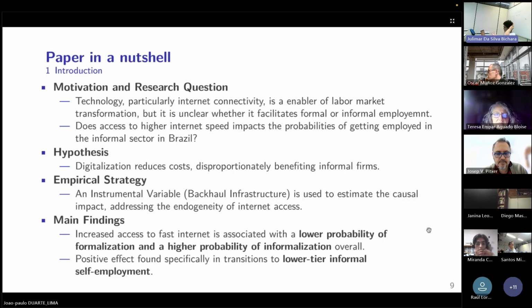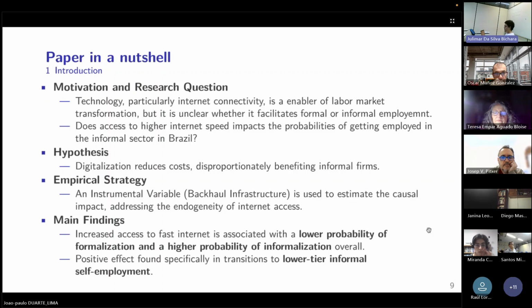So I have this research question: I want to know whether high internet speed impacts the probability of getting employed in the informal sector. The hypothesis is that digitalization will reduce costs and disproportionately benefit informal firms and informal workers.